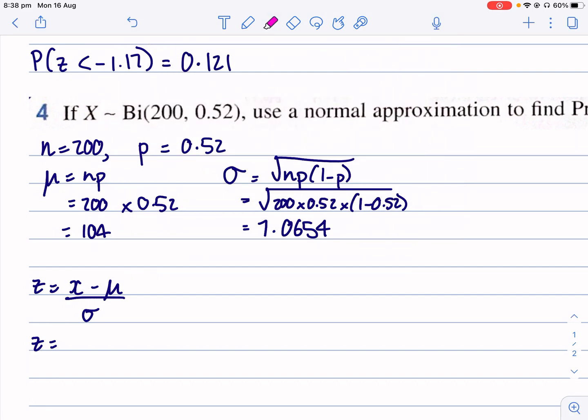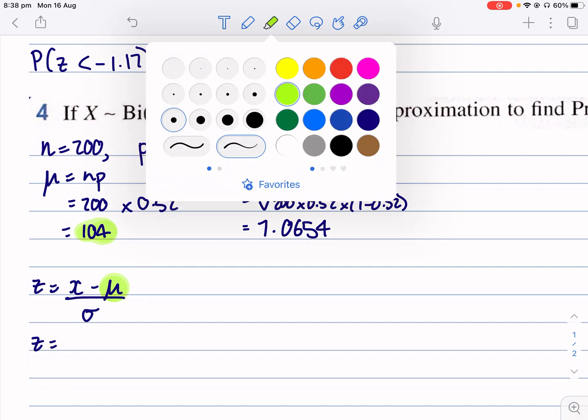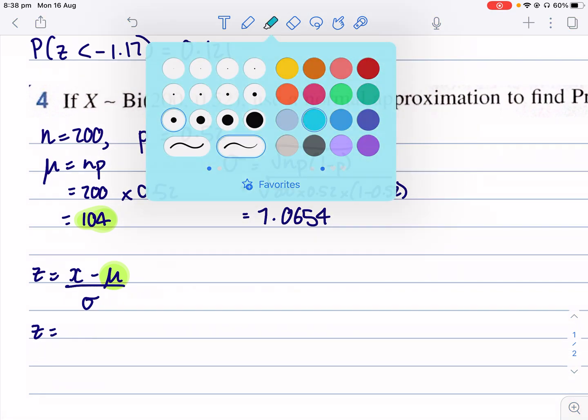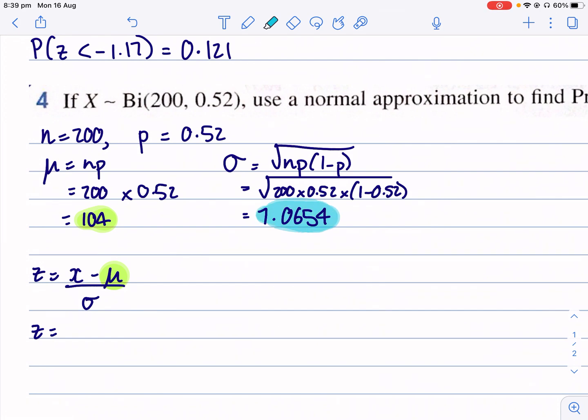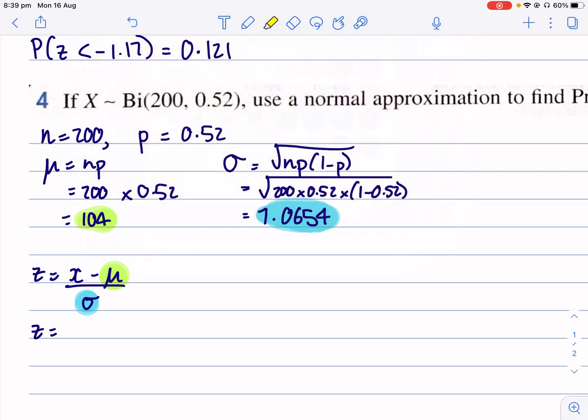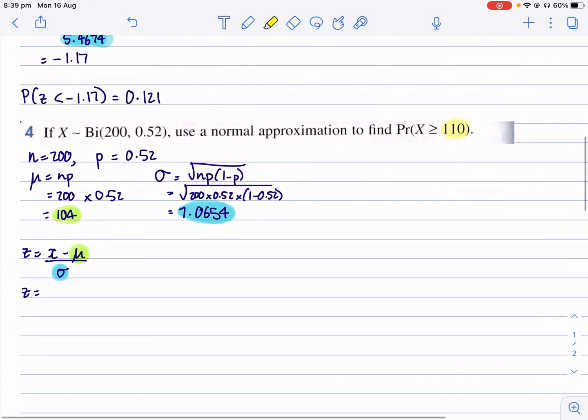The z-score for this, don't forget, is x minus the mean divided by the standard deviation. So our mean was 104, our standard deviation was 7.0654, and the particular score we're interested in is 110.